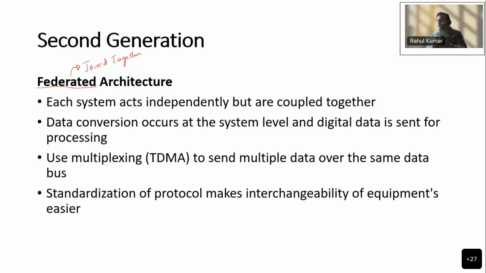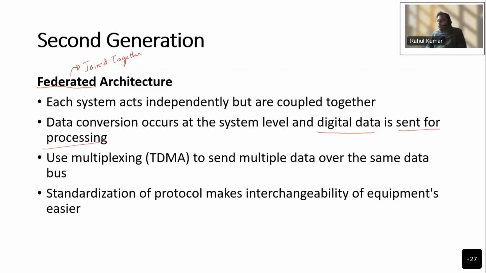Basically in federated architecture, each of the subsystems would convert whatever data into digital format, and this digital signal is then sent to the centralized computer. So still the processing is happening at the central computer in the case of federated architecture, right?